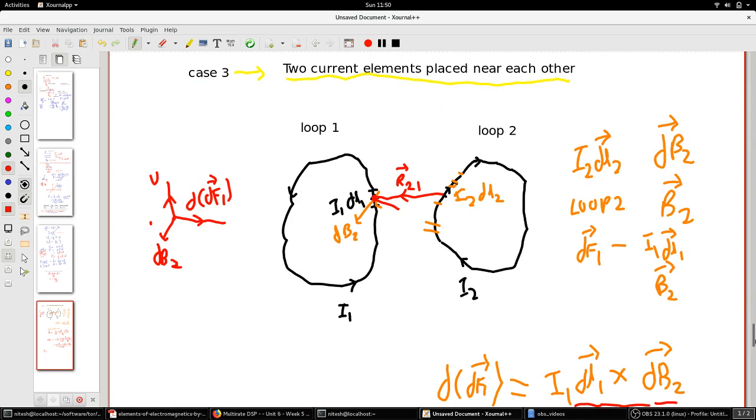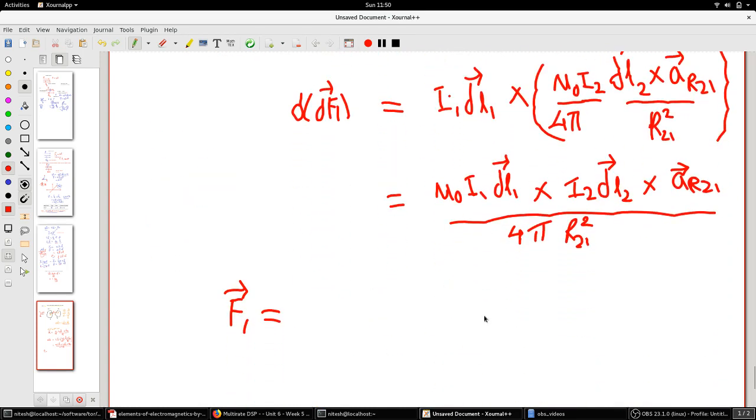It is going to be, I can take out the scalar quantities, mu 0, and a double integral.